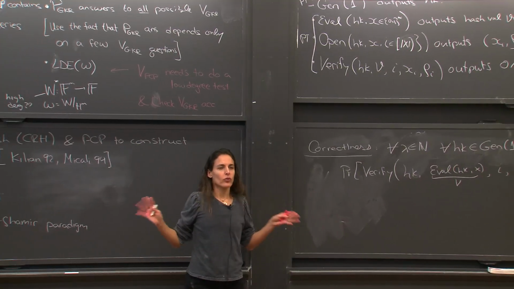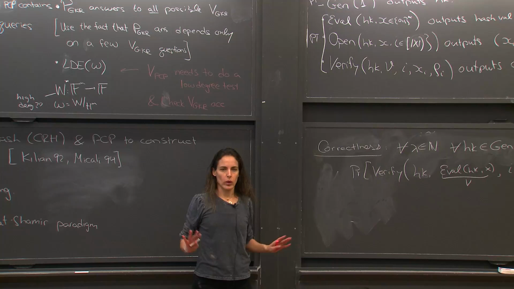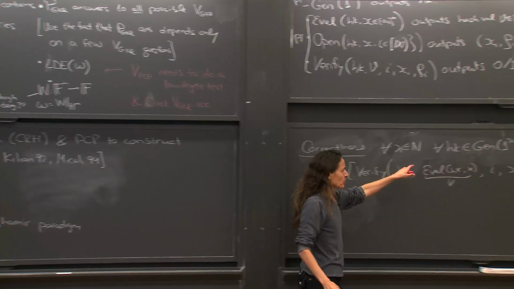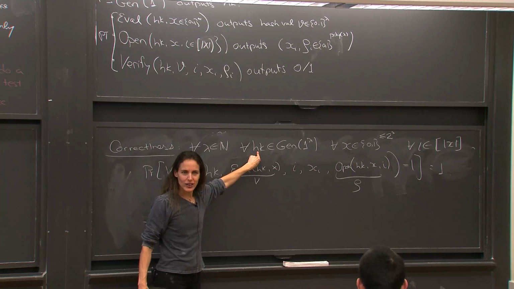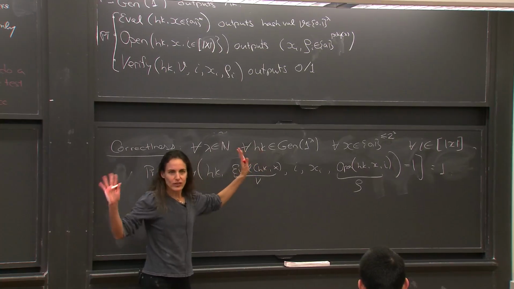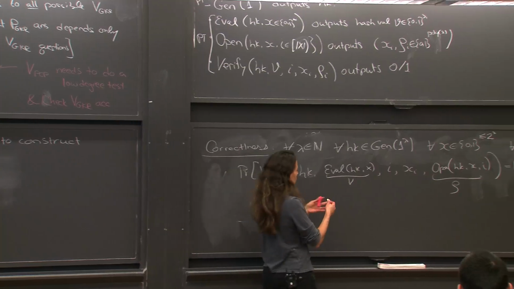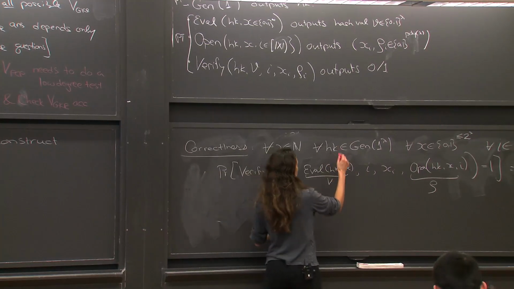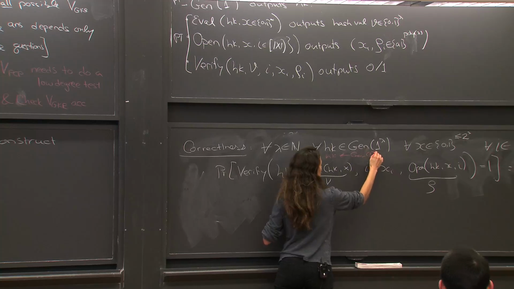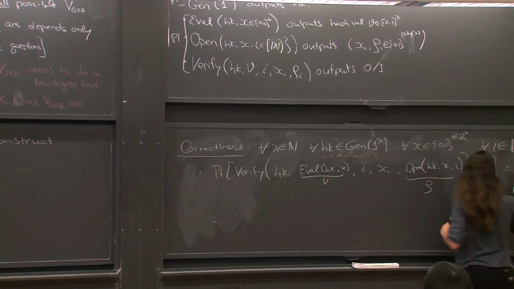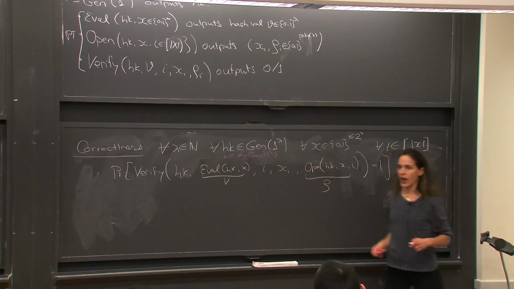If everyone's doing what they're supposed to do, for any x and for any hash key, we'll get output 1. By the way, sometimes one can define it also with high probability over randomly choosing a hash key, but our constructions often work in the worst case. A weaker definition is for a hash key randomly generated, and here you have 1 minus negligible, where the probability is over the hash key.